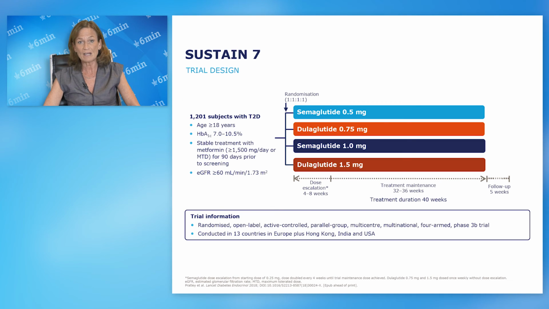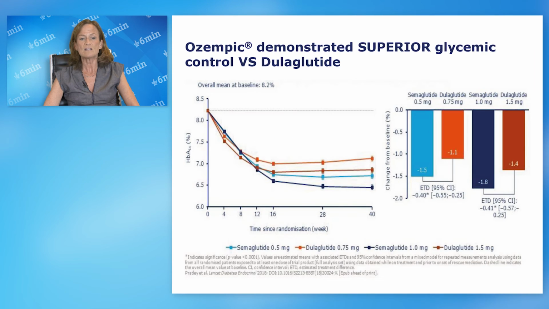Because if you compare semaglutide with the currently available GLP-1 receptor agonist or GLP-1 analog dulaglutide, the clinically relevant doses of Trulicity compared to Ozempic, in this trial, a 40-week trial comparing these four arms. Well, data you see here. Here you see the effect.